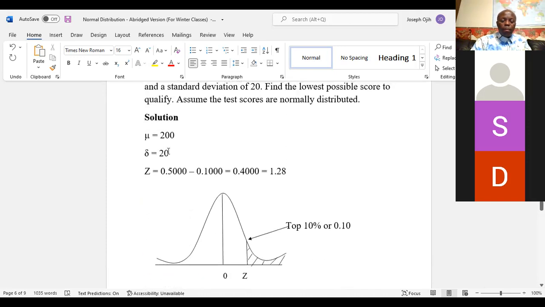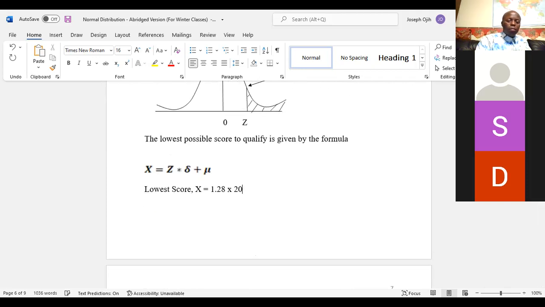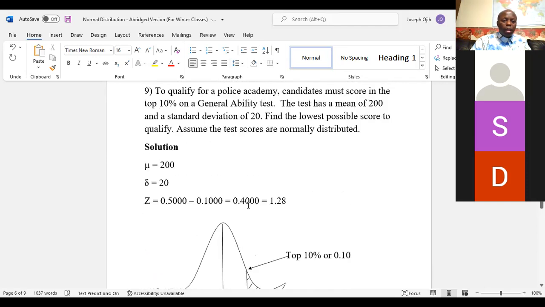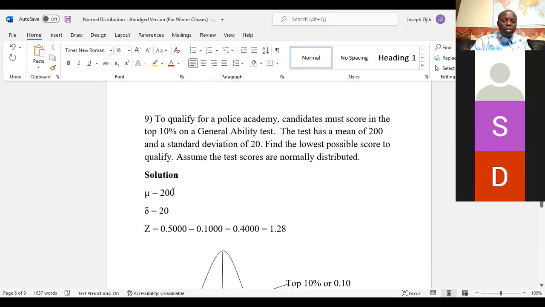We find it to be 20, plus the mean. The mean is 200.